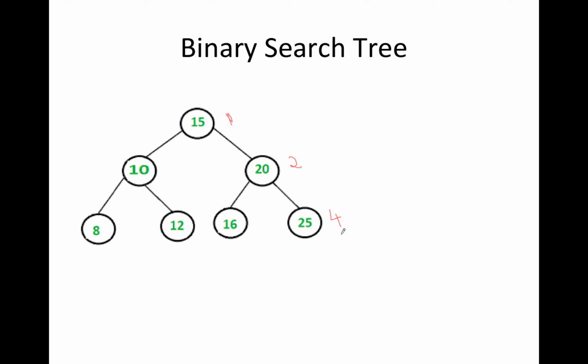So if there are n nodes, we roughly have n by 2 nodes at the leaf. Also, because we have one node here, two nodes at the next level, and four nodes at the next level, the height of a balanced tree is typically log n, that is log n base 2.